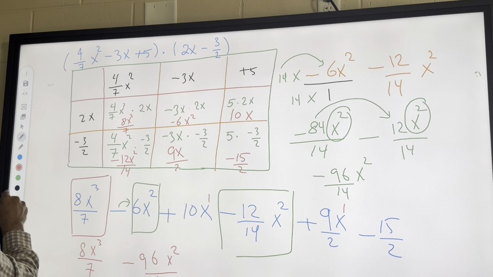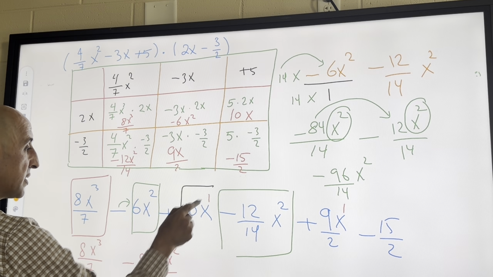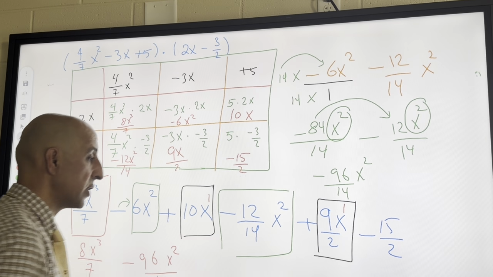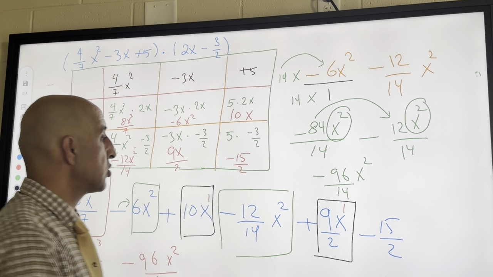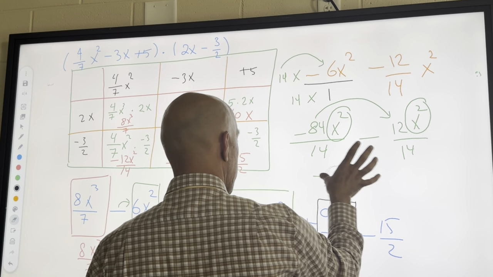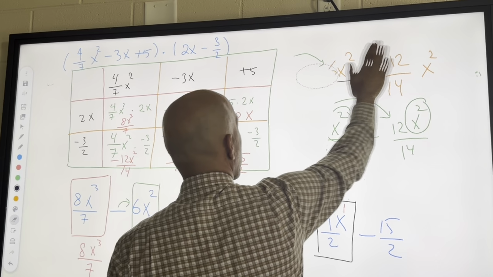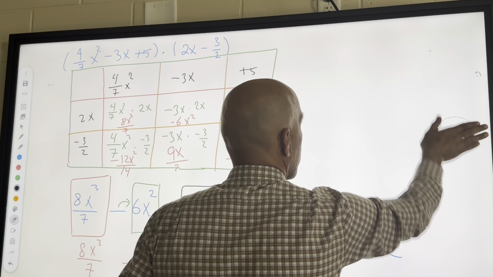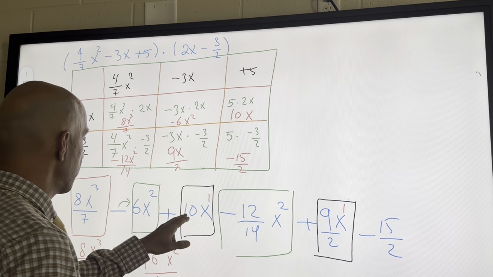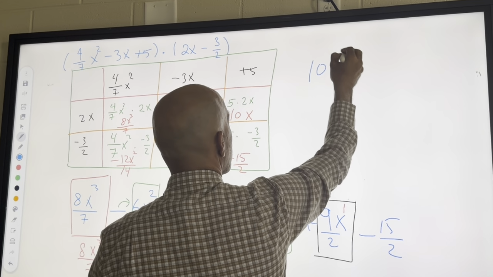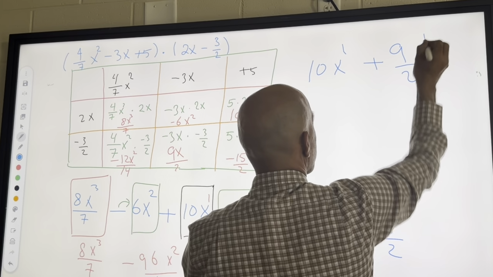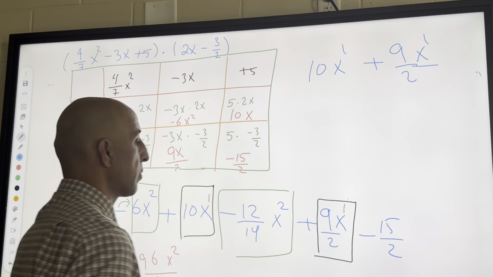Now, if we keep going, we can see the x to the power 1 terms, which are like terms, so we can add them together. Let me erase everything first. I can write it down like this: 10x to the power 1 plus 9 over 2x to the power 1, which we can write as 9x over 2.